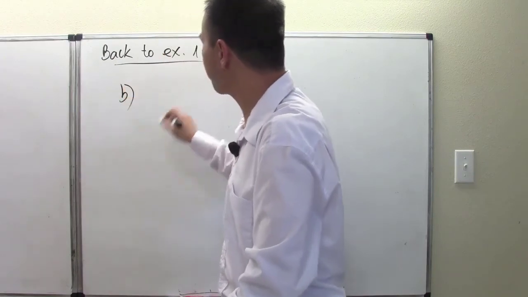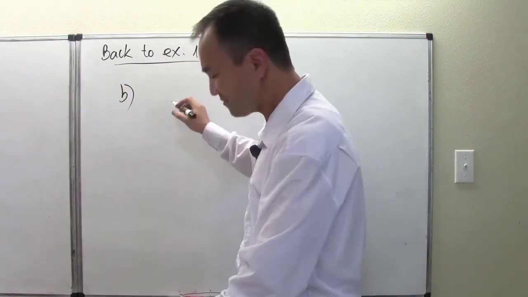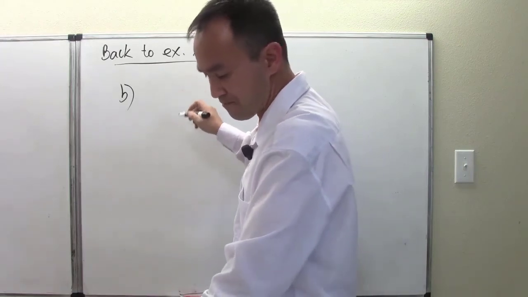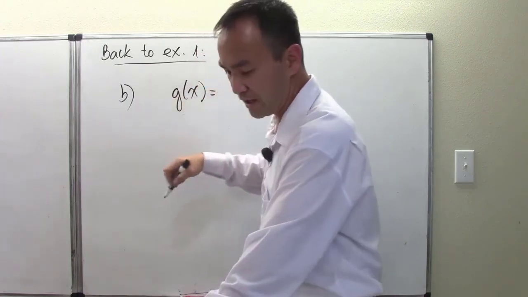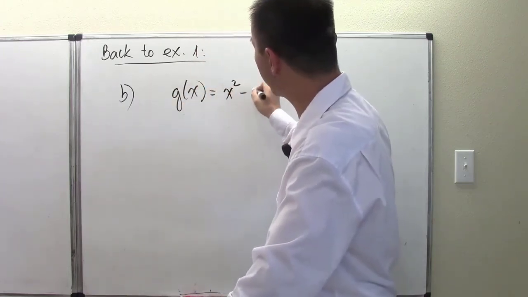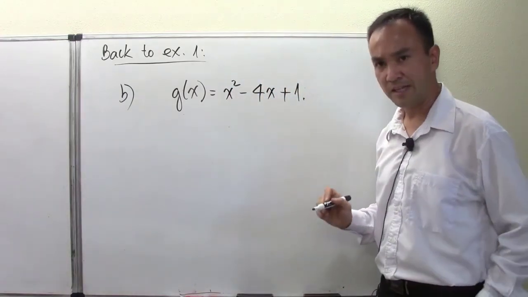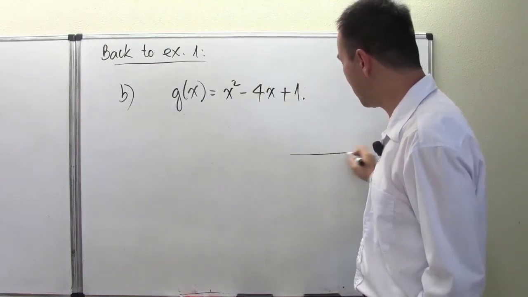And let's say, just out of a random selection, I'm going to pick part B right here. So we had our function given to be, that was the one we worked with. Part B was g of x, okay? And the function was x squared minus 4x plus 1, and we came down to a table of values.